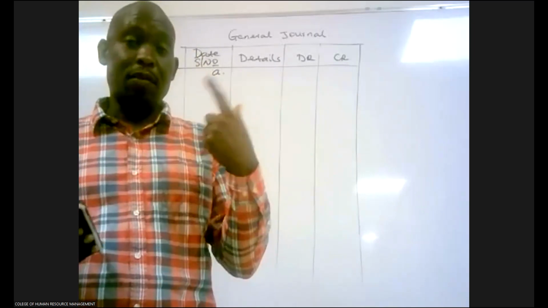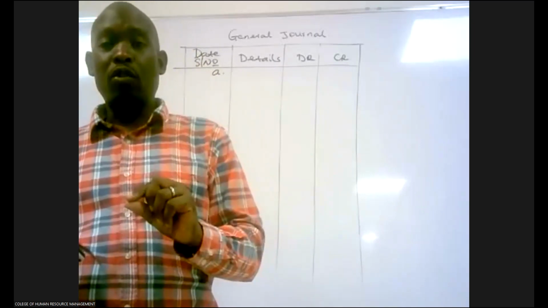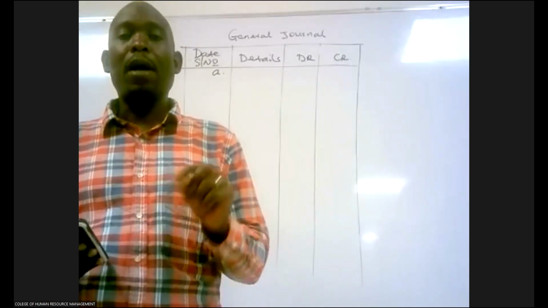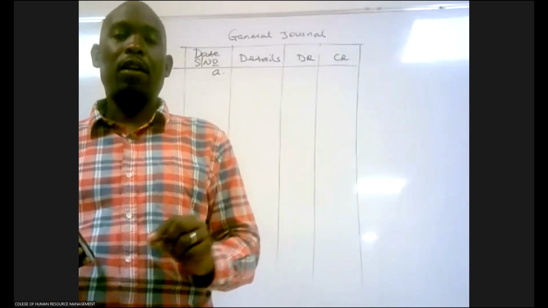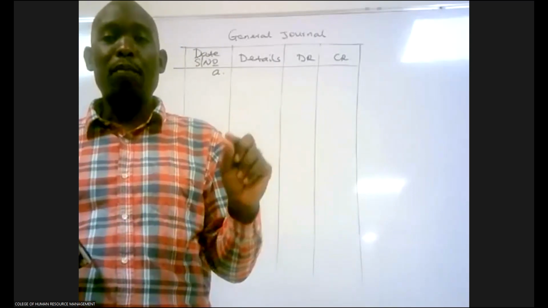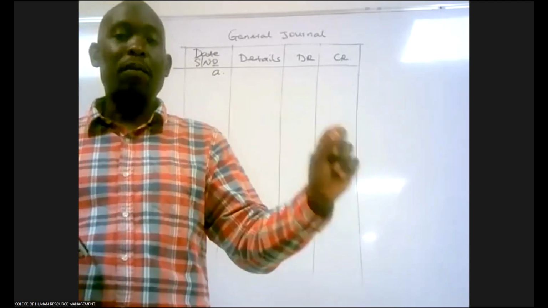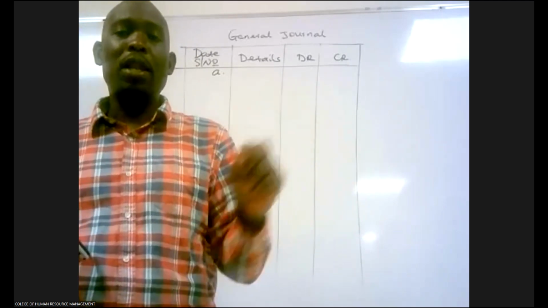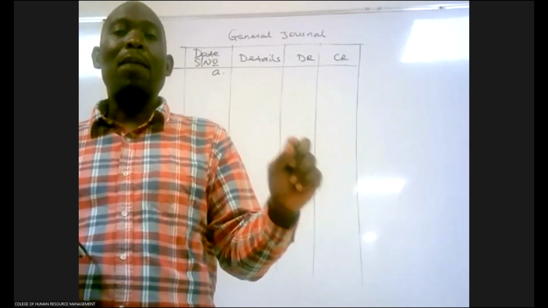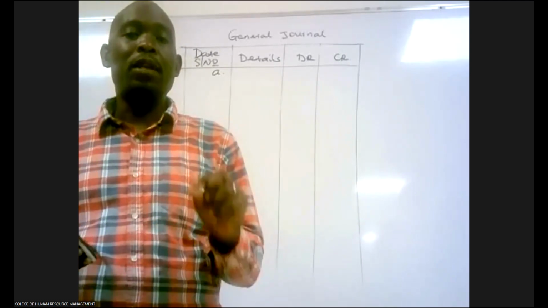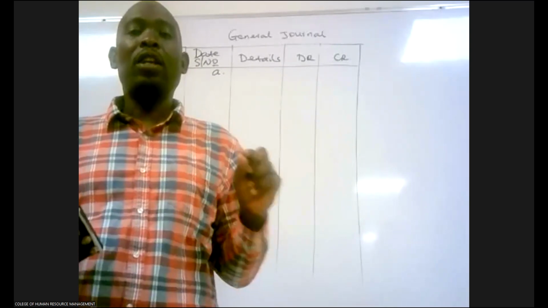In this case, with the sale of goods to Timor, we were supposed to debit Timor, but we debited T-Money. So in T-Money, because it's a wrong account, we need to reverse that. It was debited there but was not supposed to be. So we reverse by crediting T-Money, and then we debit the correct account, which is Timor.